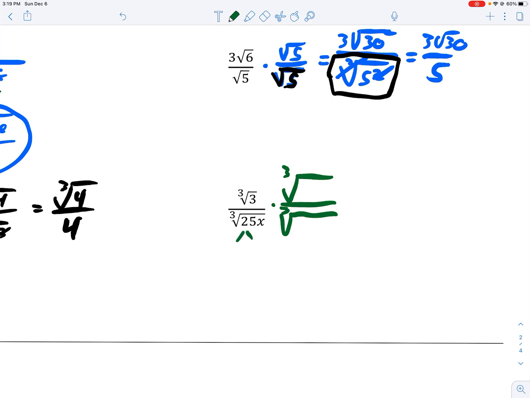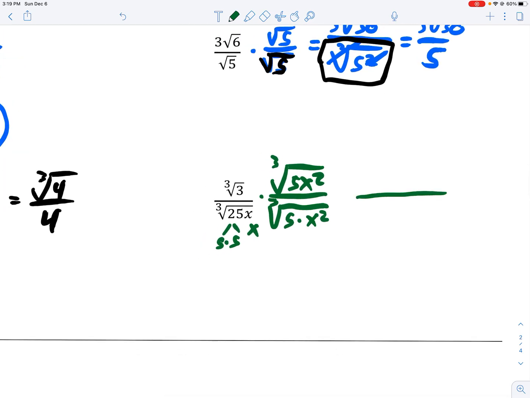So 25 is 5 times 5, and then we have x. So I need 3 5s and 3 x's. So this needs another 5, and it needs an x squared. Again, top and bottom have to be the same so that you're multiplying by 1. So you change the appearance and not the value of the equation.